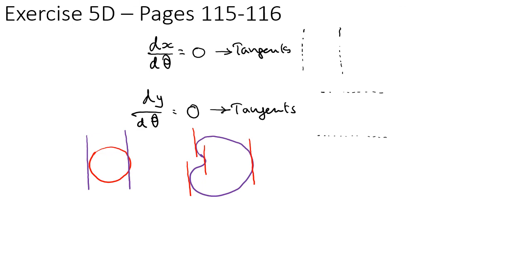We could have a graph where the dimple is at the top, like that. That's possible. And we can do the same thing again about the number of tangents here. 4 of these dy d theta equals 0 tangents if it's got a dimple that way. So that's something else we can use to help us try and prove whether something's got a dimple or not.